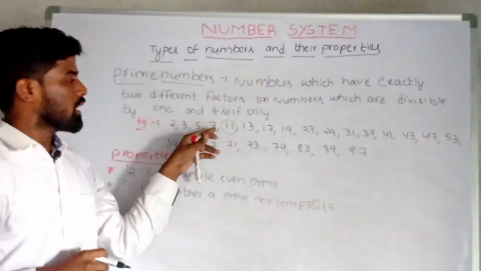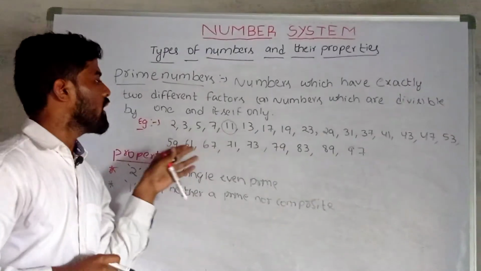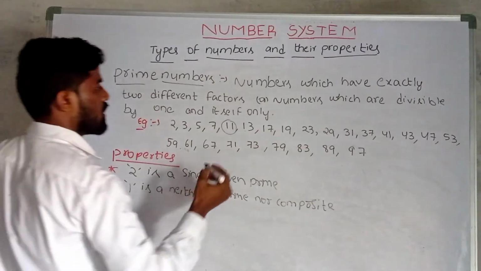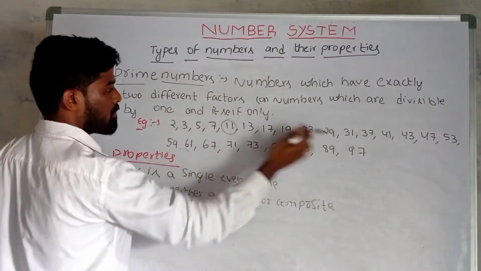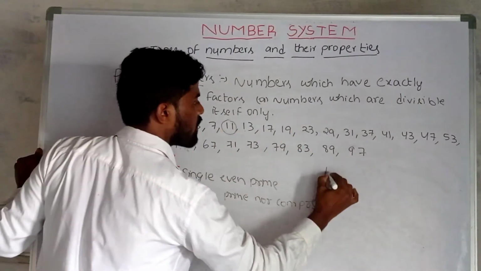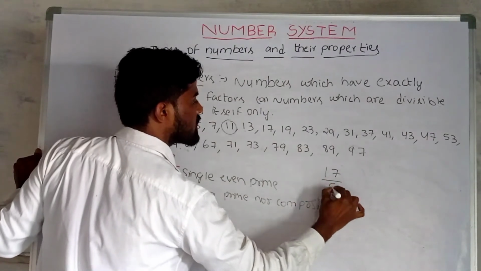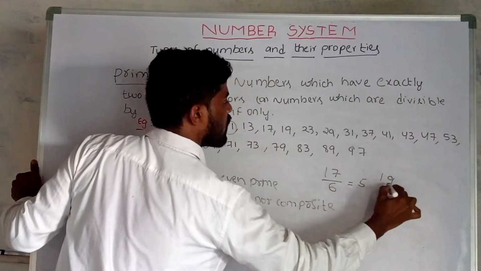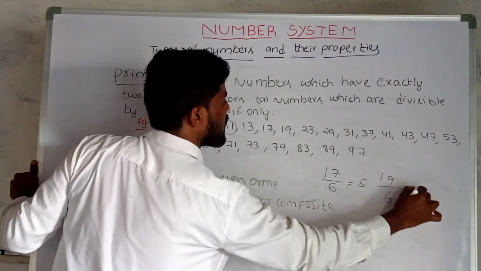Any prime number greater than 5 when divided by 6 leaves remainder 1 or 5. Suppose we take a prime number greater than 5, 17, when divided by 6 it leaves remainder 5. 19, when divided by 6 it leaves remainder 1.